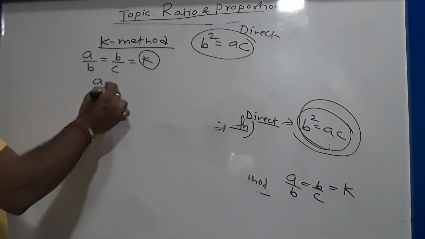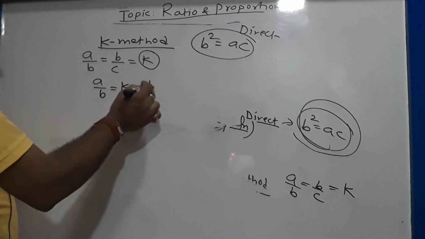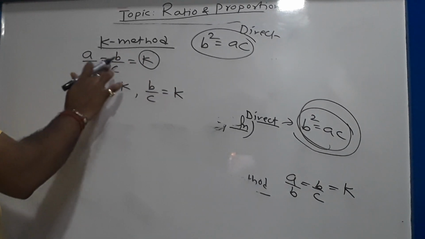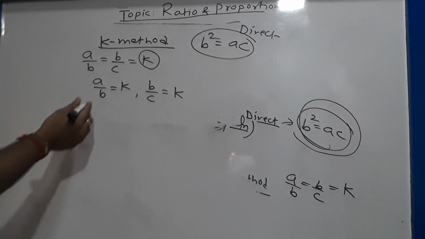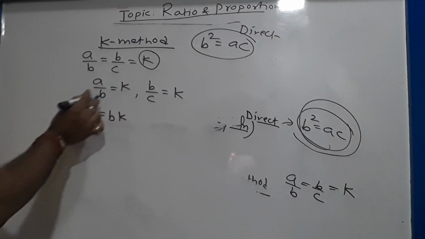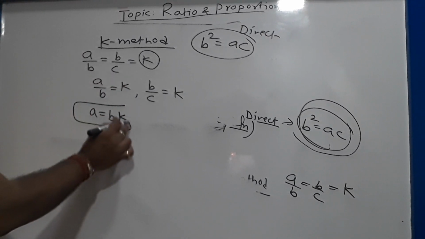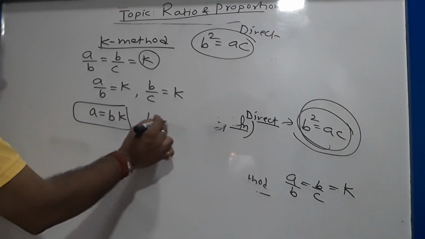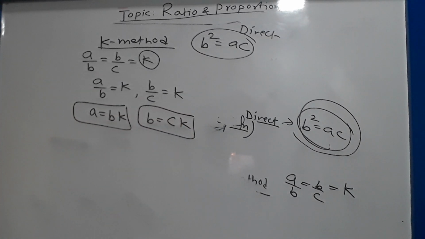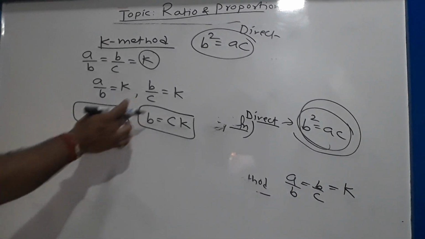A upon B is equal to K. B upon C is equal to K. Correct? So cross multiply. A is equal to BK and B is equal to CK.